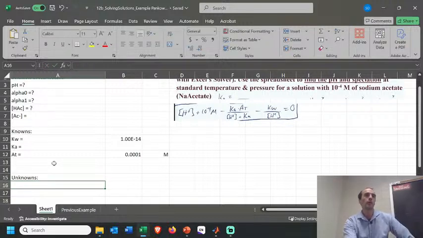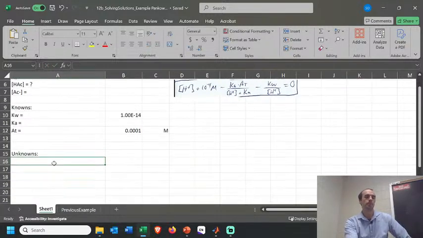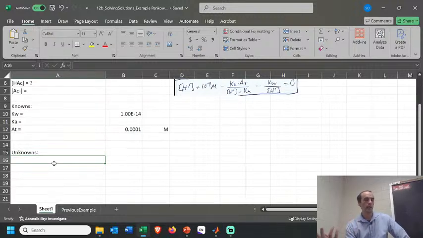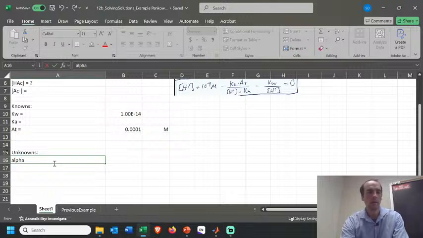And here's where we probably ought to start writing up pieces that we know that we're going to need to either solve for or compute along the way. So stuff like alpha 0. We can put it in terms of the pH, right? And alpha 1. In fact, maybe I should go ahead and start with the master variable H plus itself.